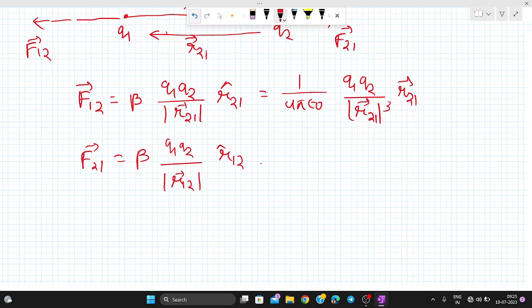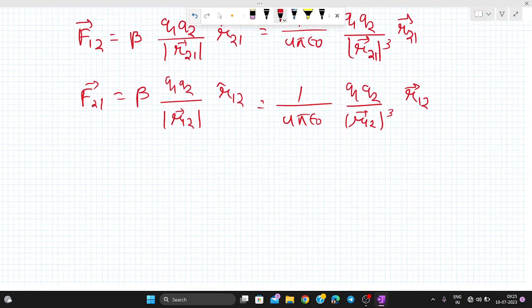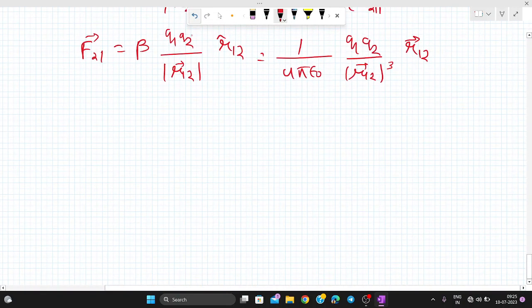Okay, is it understood? 1 by 4 pi epsilon naught Q1 Q2 divided by R12 cube, R12 vector. Similarly for F21 I have written this. You see here, the distance between Q1 and Q2 is the same, so the magnitude is the same but the direction is opposite, so I will have to write it as minus of R21.